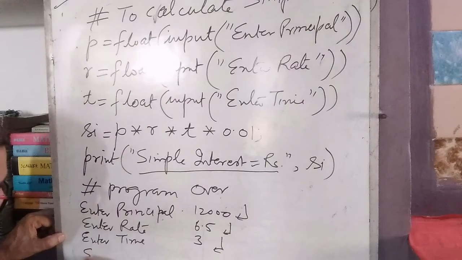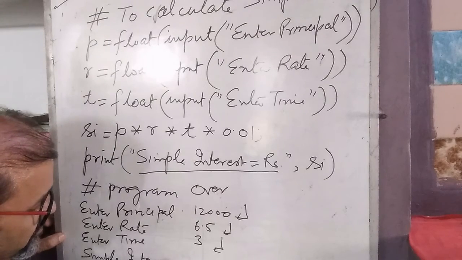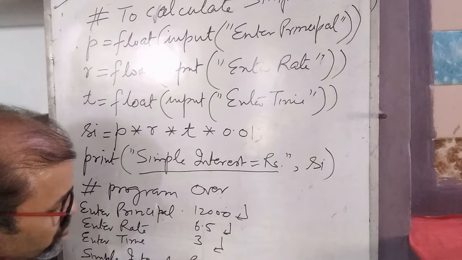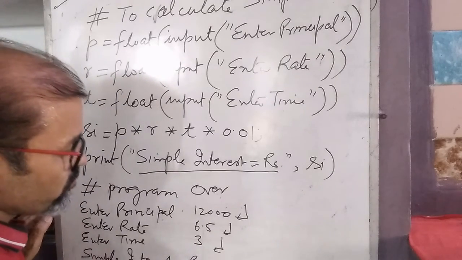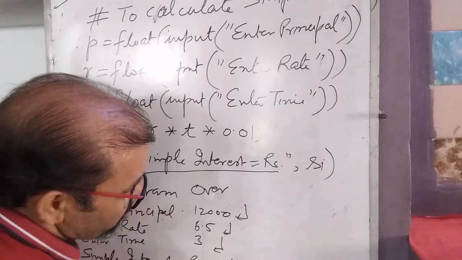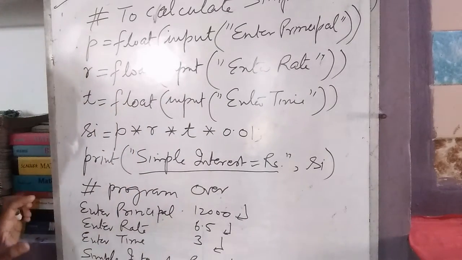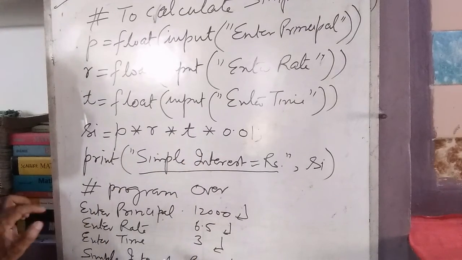So after that it will display the result: Simple interest is equal to rupees. Suppose its result has come something like 2400. So whatever it will calculate, that will be displayed over there. So simple interest equal to rupees 2400. So after execution, the output will be displayed.